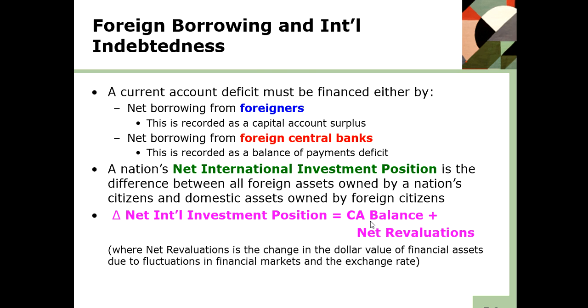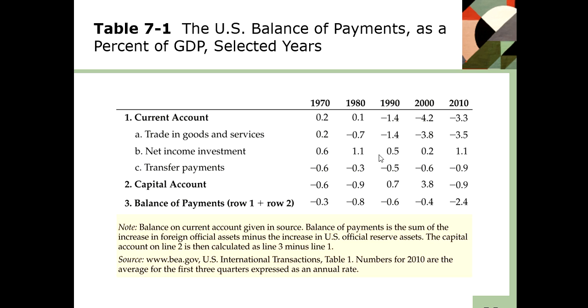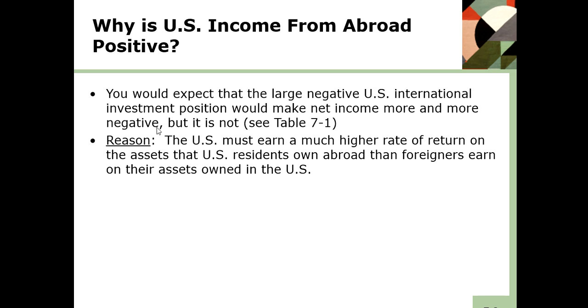Look at this. Here, as I said, it is all positive, but the net international investment position over here is all negative. So one would expect that to be negative.